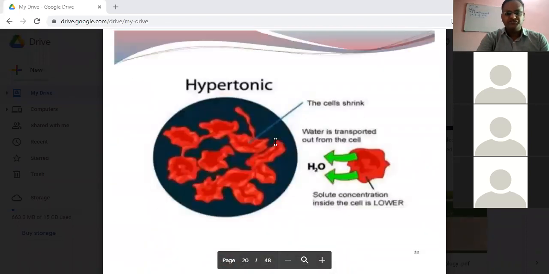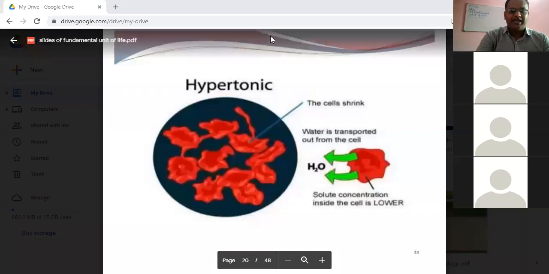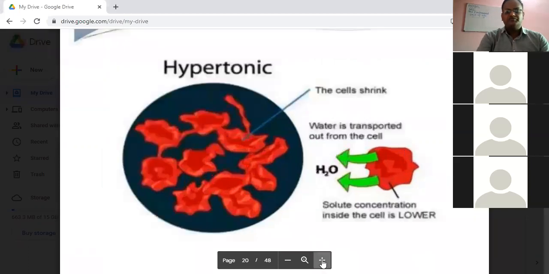You see in this image, students, as we have already discussed the hypotonic, can any student explain what is being observed in this image? What can you observe in this image clearly?